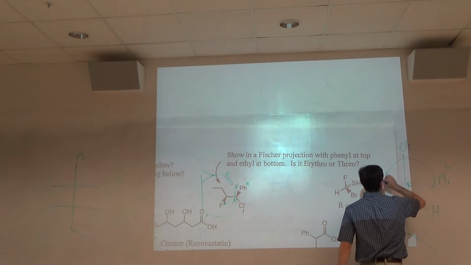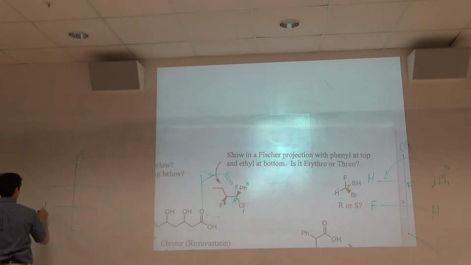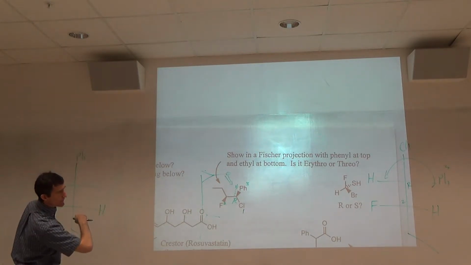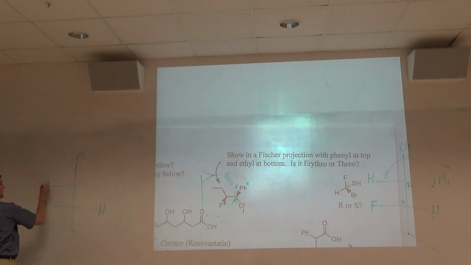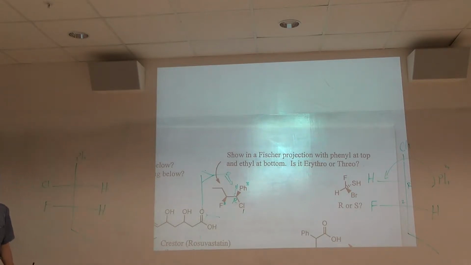This can rotate either way. And if I rotate it, we're not going to change the bottom. F on the bottom here. The phenyl rotates up. Where does the chlorine go? Over here. The H swings over here. And it's still R. All we did was rotate.